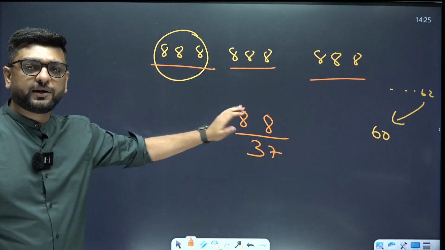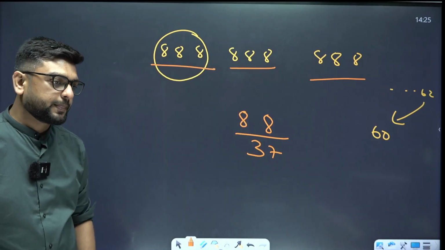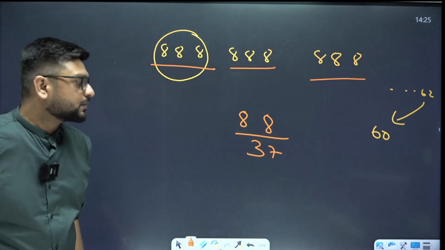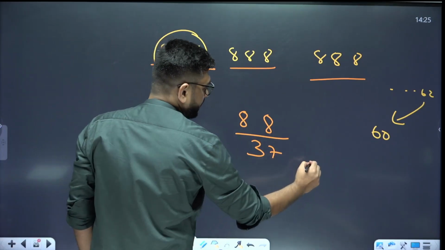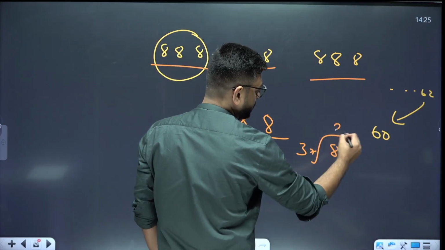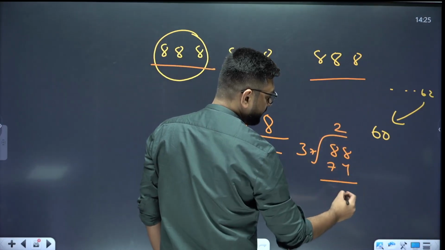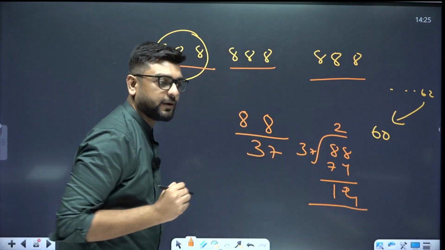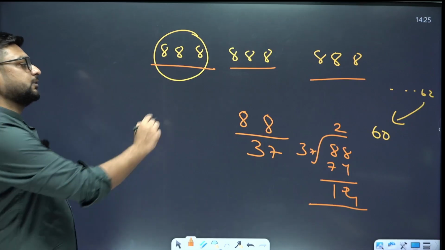Now can you find the remainder? When I divide 88 by 37, this would be 2, 74, then 14 is my remainder. Is it clear now?